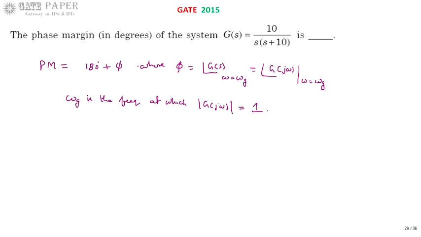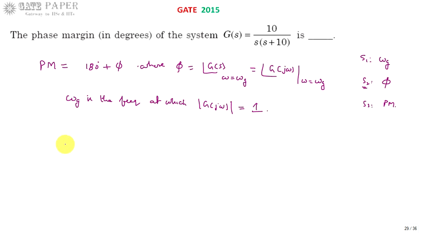First find that gain crossover frequency, then find the phase angle at that frequency, which is given the value phi. Substitute that phi in 180 plus phi, and the result is the phase margin. So step 1, calculate omega G. Step 2, calculate phi. And step 3, calculate the phase margin.